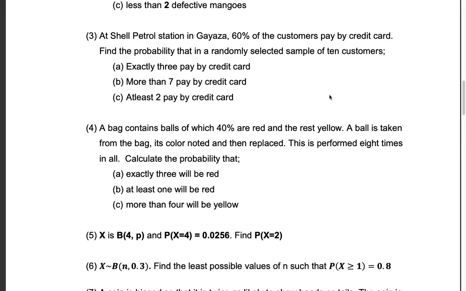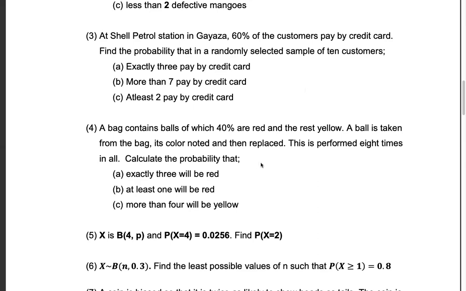For part A, I said that n equals 8, then q is 60 out of 100, which is 0.6, and p is 0.4.